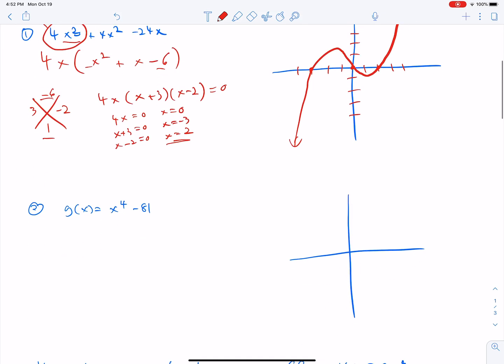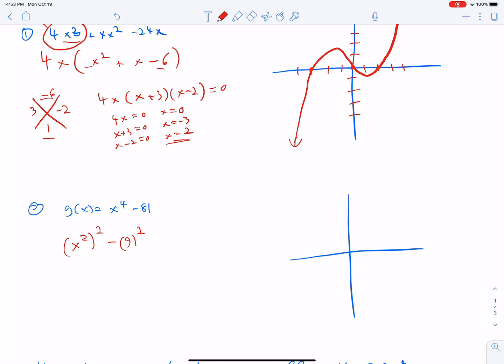So what if we have g of x equals x to the fourth minus 81? Again, we're going to factor. When I look at this, I want to use our polynomial identities. So I look at this as x squared squared minus 9 squared. I look at that as a difference of squares, right?